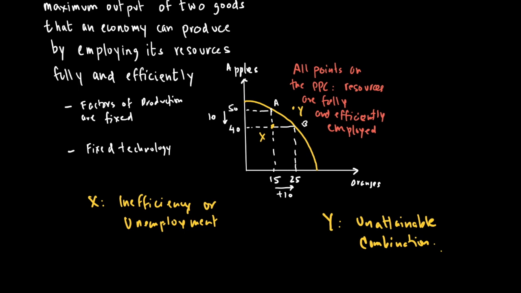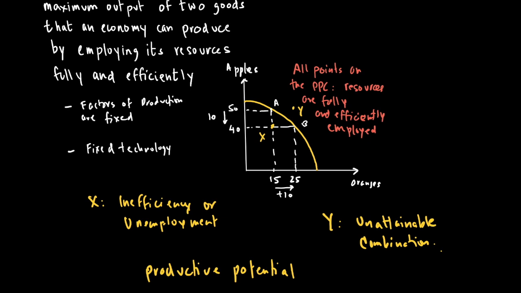So what is PPC? In short, it shows you the productive potential of an economy, right? Given your resources are fully and efficiently employed, how much of two goods can we get, and whenever we are getting more of one good and less of another, we are making a sacrifice. And the reason why we make a sacrifice is because all resources are fully employed.